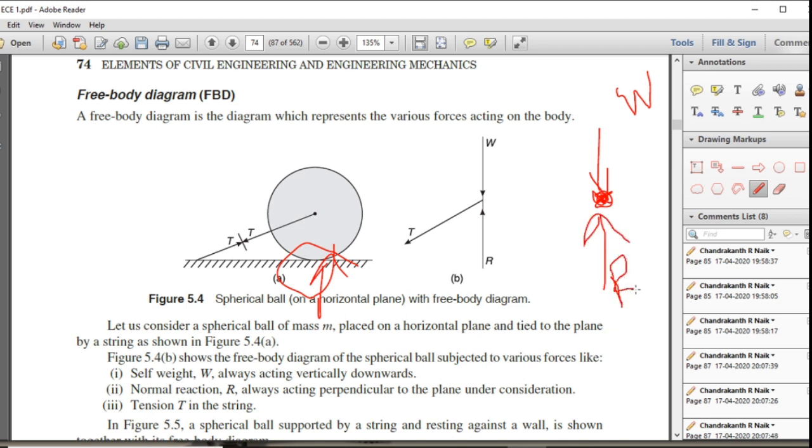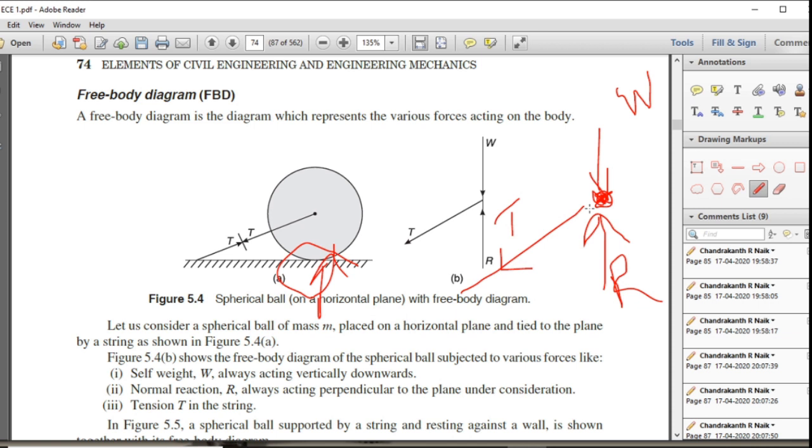This is R. Here we have another force due to the tension in the wire. This is T. So three forces are connected at a point, and they are coplanar and concurrent.